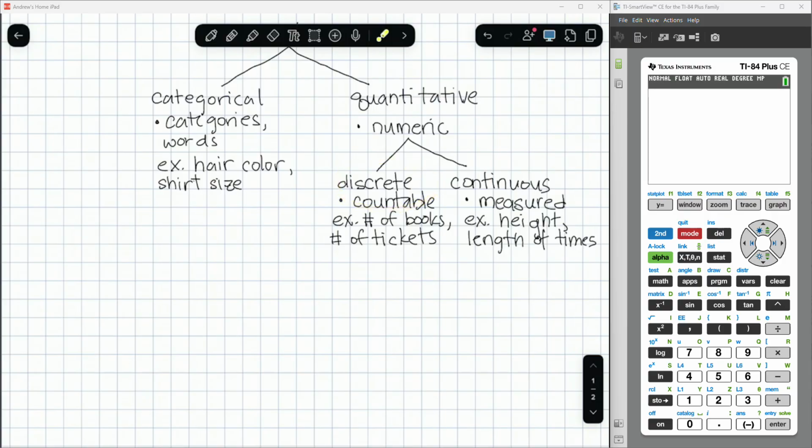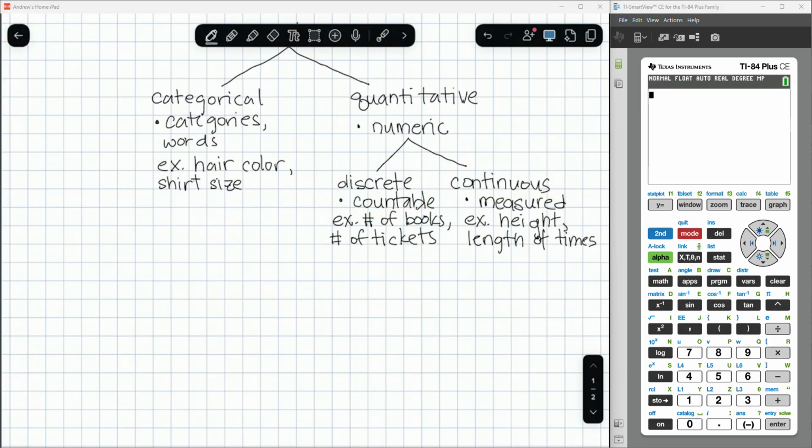I'm counting on my fingers, 1, 2, 3. Continuous can be fractions and decimals. Doesn't have to be, but can be. For example, if we are measuring height, I can be exactly 5'8", but I could also be 5'8.5", 5'8 2/3 of an inch. So it's possible to have whole numbers here, but I can also have fractions and decimals. This guy's always going to be whole numbers, because it's something that I'm counting on my fingers.